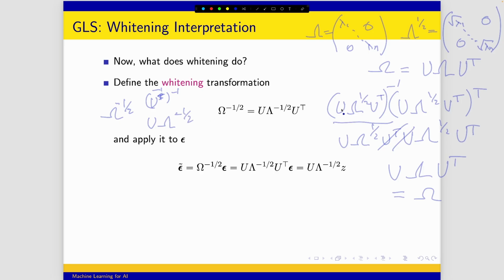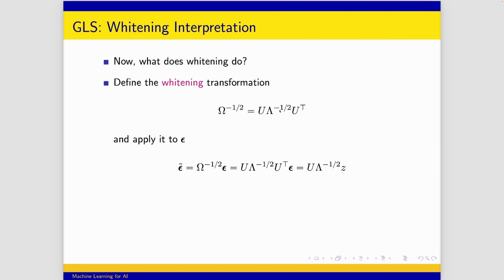And then the inverse of this, which is the inverse of U. But the inverse of U is the transpose of U. So that gives us the transpose of U. And if that's lambda to the half, then lambda to the minus half is this diagonal matrix with 1 over all of these. Okay, so this is one whitening transformation we can use.